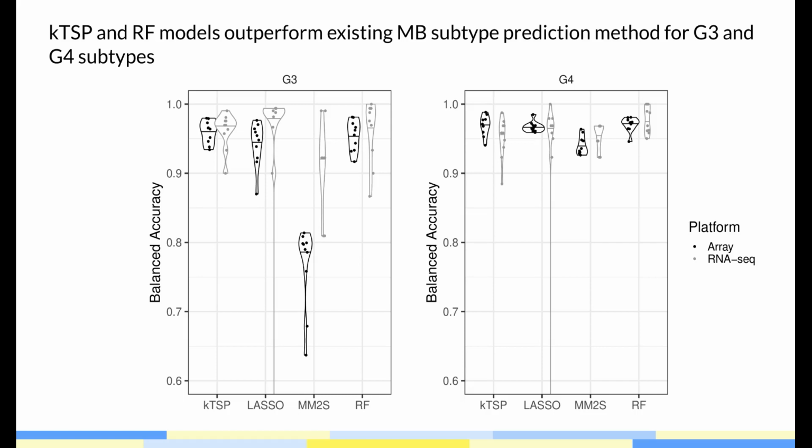So we're looking at group 3 and group 4, and here we are using balanced accuracy to assess these methods. And you'll see that again, KTSP and random forest remain high and consistent and comparable to lasso, who also still has that outlier shown here, skewing that RNA-seq data.